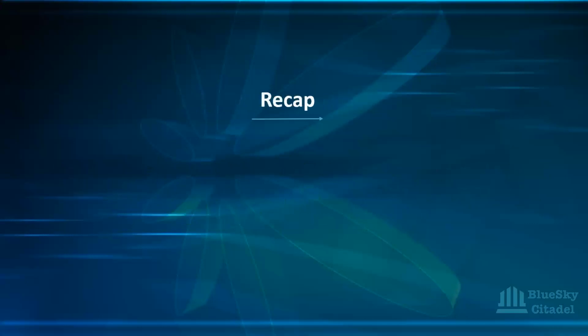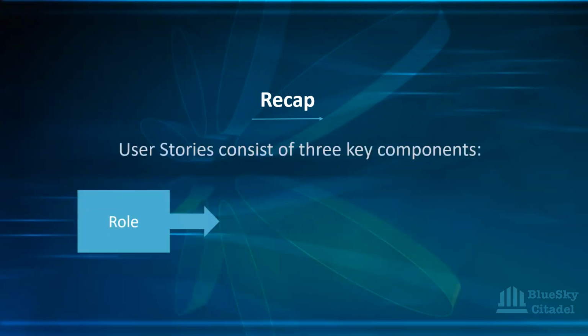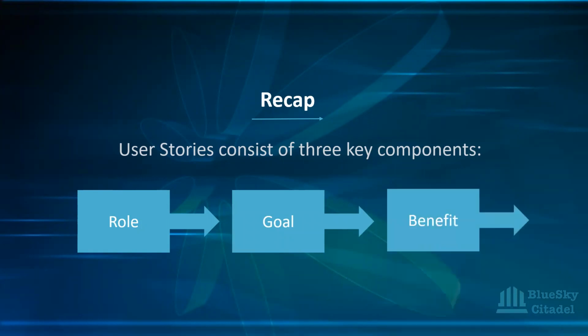Just to recap on what has been discussed today, remember, user stories consist of three key components. The first one is role. The second one rhymes with it: goal. And the last one is benefit.